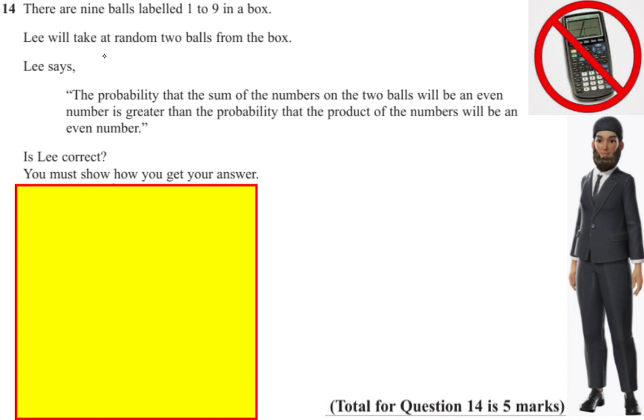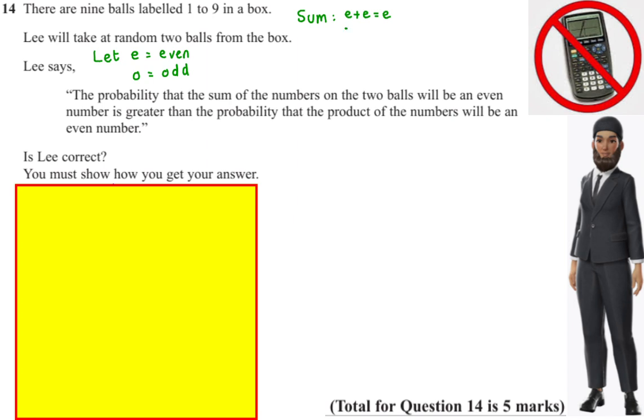Let E is equal to even, and let O is equal to odd. Now I'm going to focus on the sum. If I was to get an even, I would have to go along this route. Even plus even gives us an even.